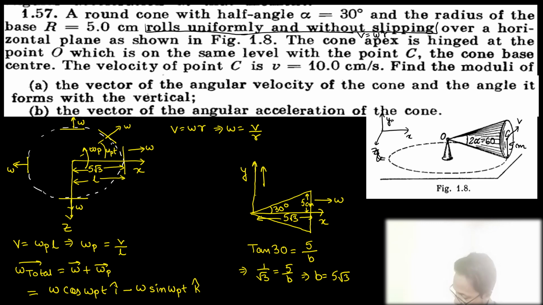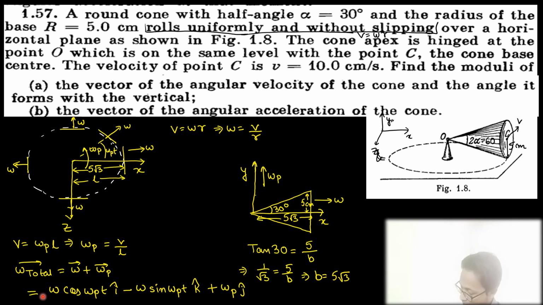This is the direction of omega p, or precession velocity, plus omega p j. Now the question is the velocity vector of angular velocity of the cone.